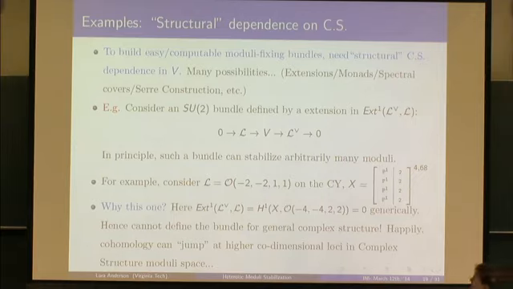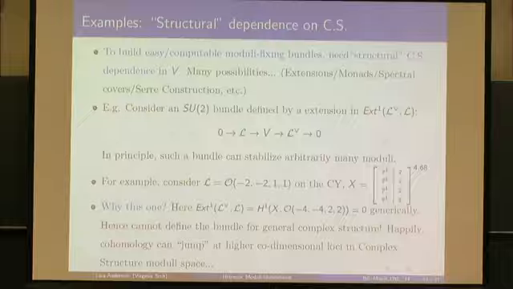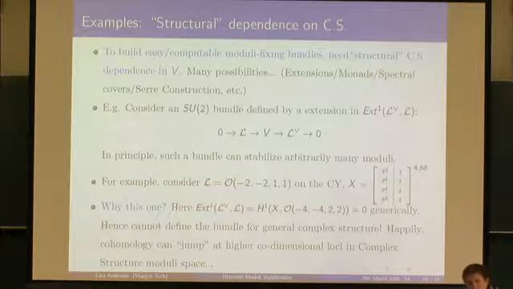So enough math. Let's do this in physics now, because this is going to be easier. So an easy way to build bundles that do what you want and to actually understand what's going on in the field theory is to understand how this holomorphy appears as structural complex structure dependence in the bundle. You want to choose a bundle which can only be built, whatever that means, for special values of the complex structure.